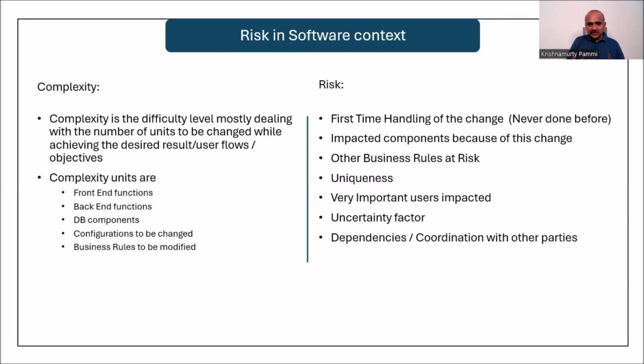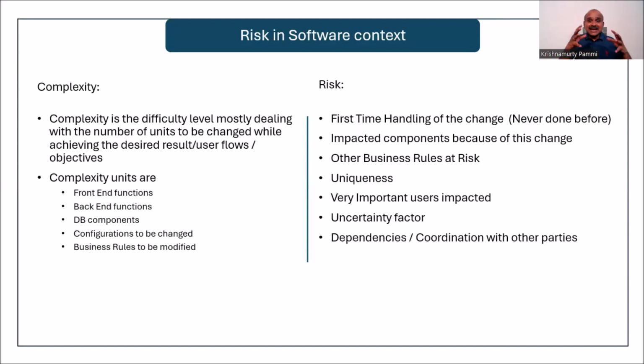So it can be front-end functions, back-end functions, database components, configurations to be changed, business rules. So the more units to be modified while achieving a user story, the more complex it is. Not just that, business rules. Okay, we will come to that later.